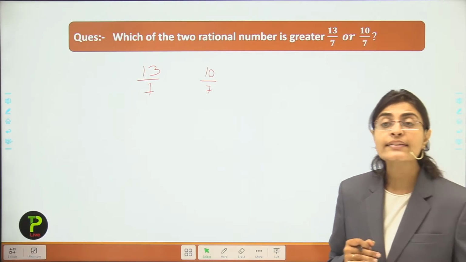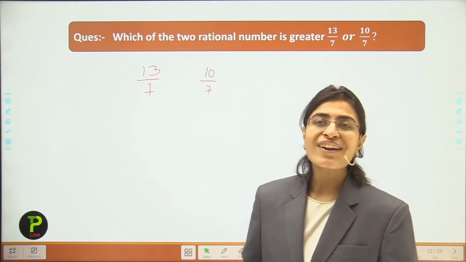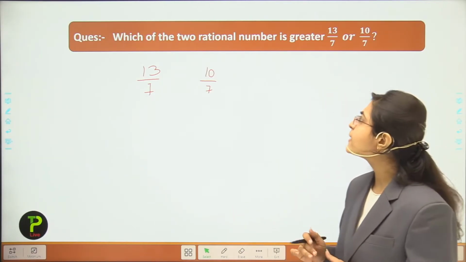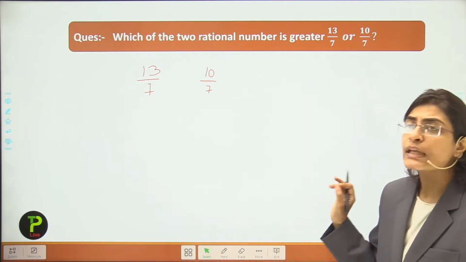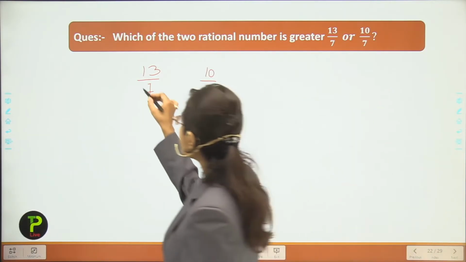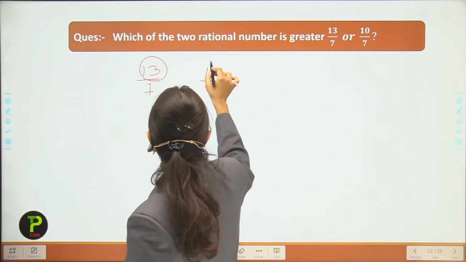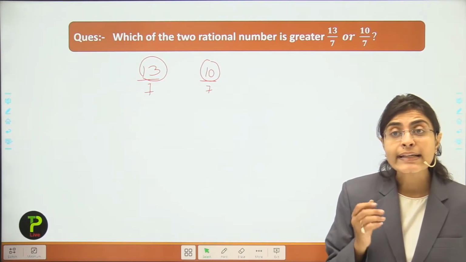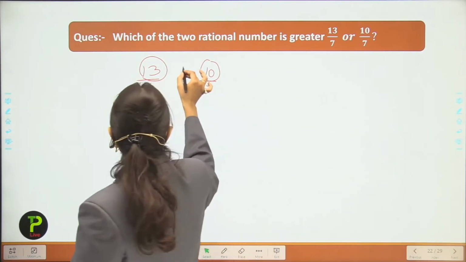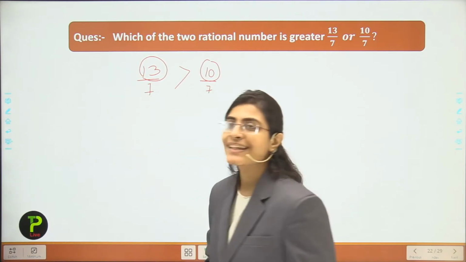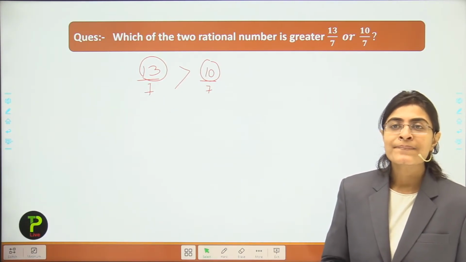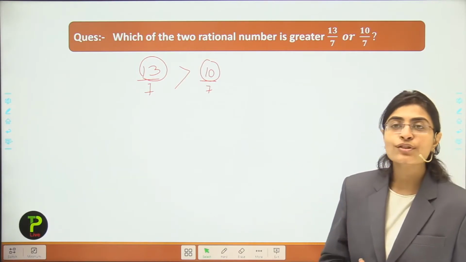We take the LCM when the denominators are not equal. Just compare the numerators: 13 and 10. Which is greater? 13. So 13 by 7 is greater than 10 by 7. Our question is done. I hope this question is clear to you.